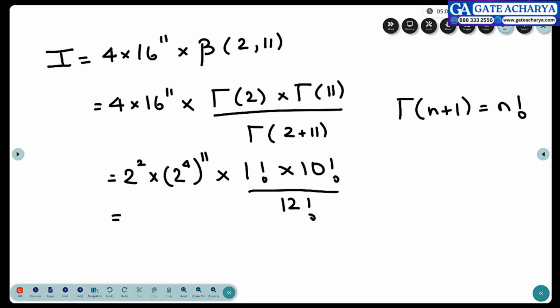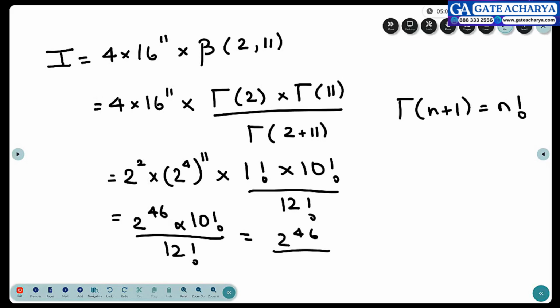2 squared into 2 raised to 44 is 2 raised to 46, into 10 factorial divided by 12 factorial. You can further simplify it as 2 raised to 46 divided by 12 into 11. 12 is divisible by 4, so dividing by 4 in 2 raised to 46 just reduces the power by 2.